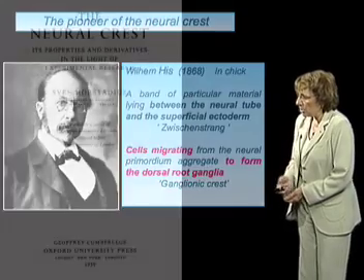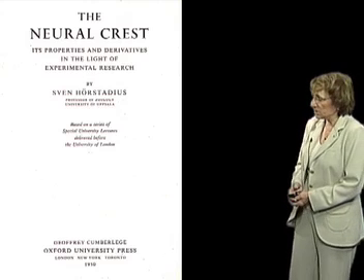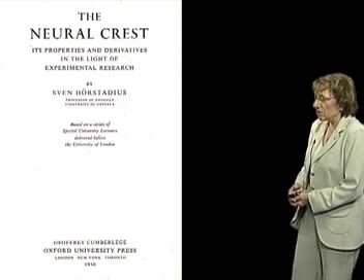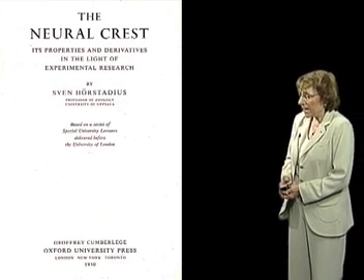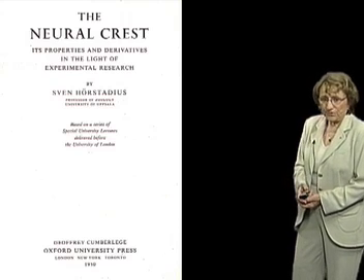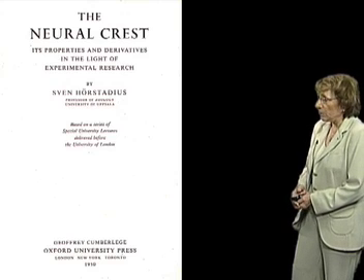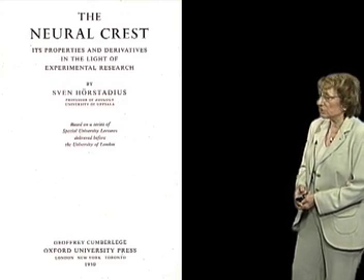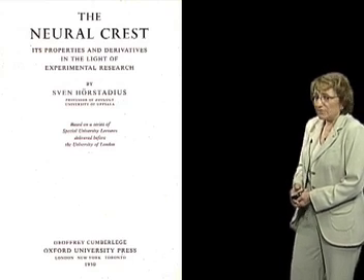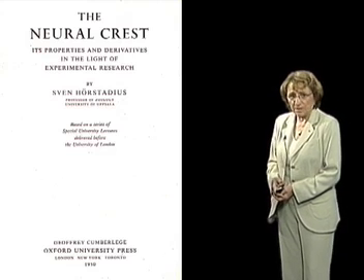And the work which was done during this period, the first half of the 20th century, was summarized in a well-acknowledged monograph written by Sven Orstadius in 1950. In the late 1960s, when I started to be interested in the neural crest, very little was known about the role of this structure in the embryogenesis of higher vertebrates.